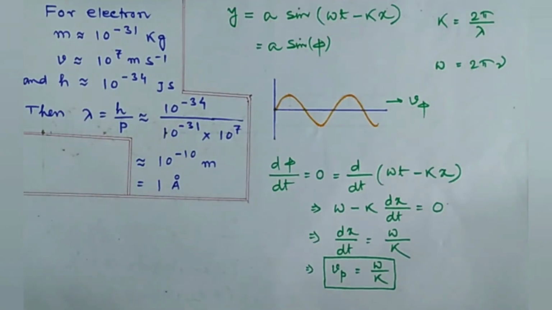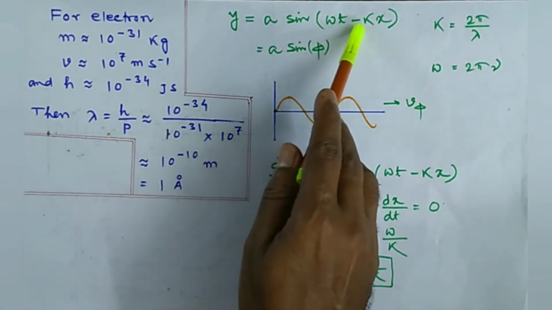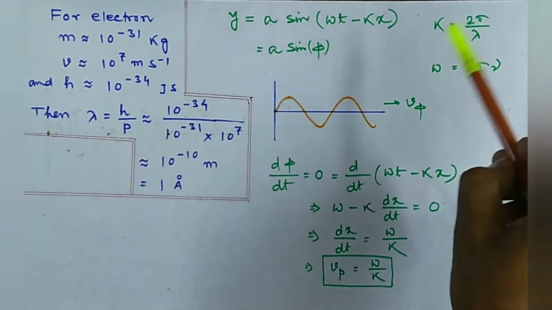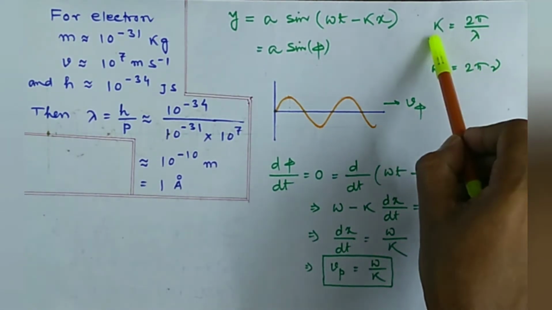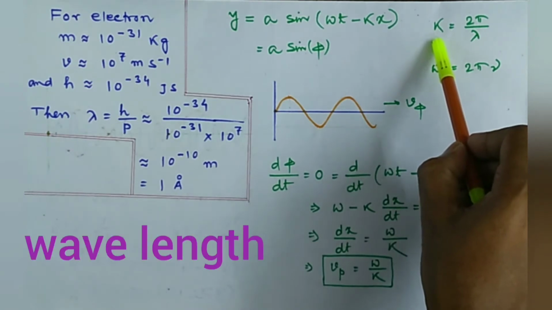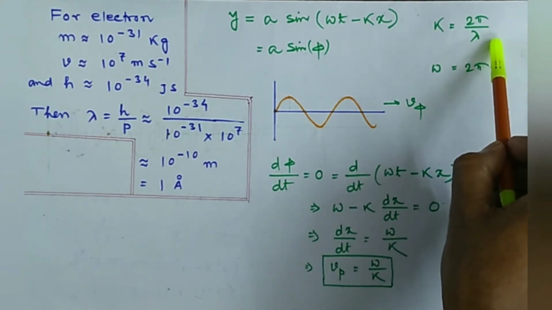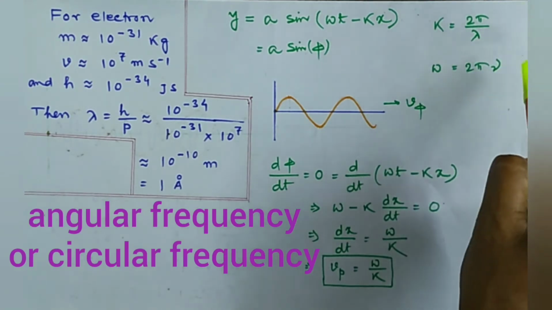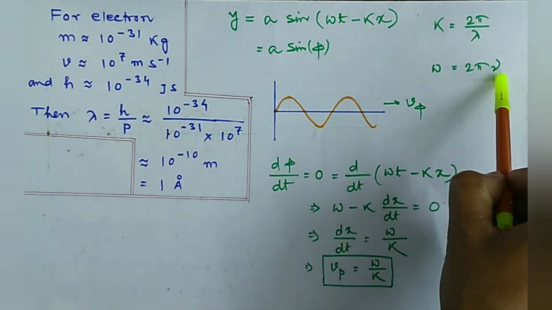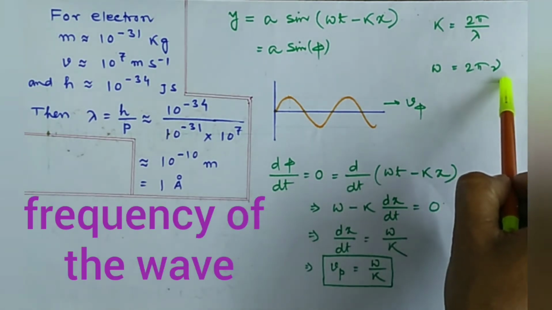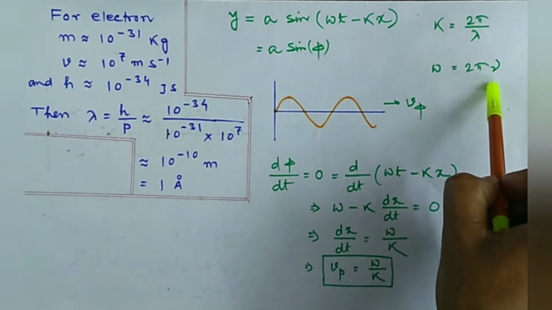To do that, y equal to a sin (omega t minus kx), where k equal to 2 pi by lambda. It is the magnitude of the propagation vector and lambda is the wavelength of the wave and omega is the angular frequency or circular frequency of the wave, where nu is the frequency of the wave.